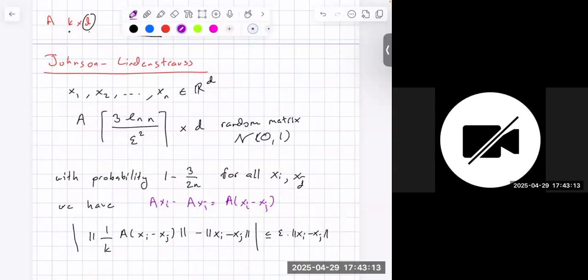Later, people worked on improving this. I think there's nothing you can do with ln, but maybe you can improve the dependency on epsilon. There is, I think, just an epsilon version. They also thought about whether they can cheat and not compute the whole Gaussian matrix, even a randomized thing.